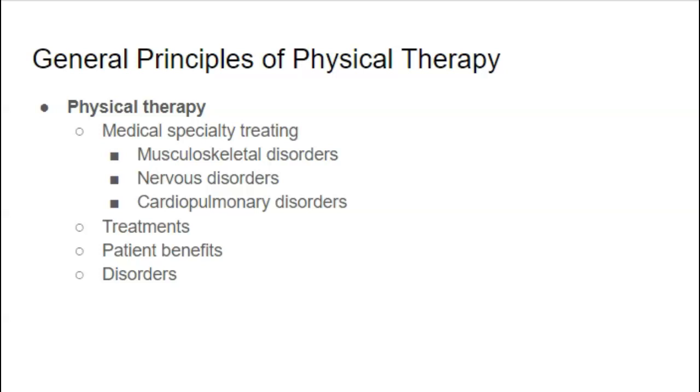Someone with MS might need an exercise routine. Someone that's had a stroke, that's a really large area where people go through a number of different kinds of therapy, not only physical therapy; occupational therapy can be used. And then there are some cardiopulmonary disorders as well, post-MI or post-heart attack.